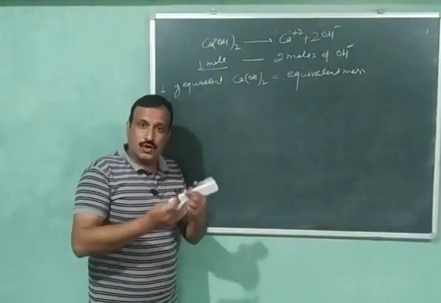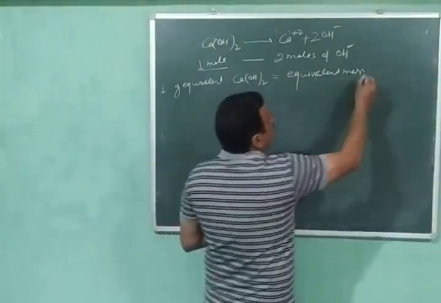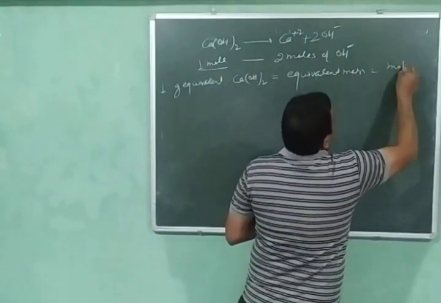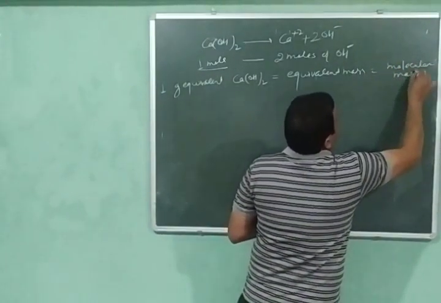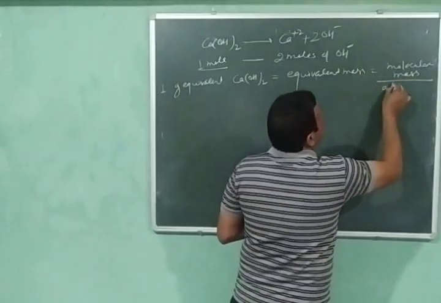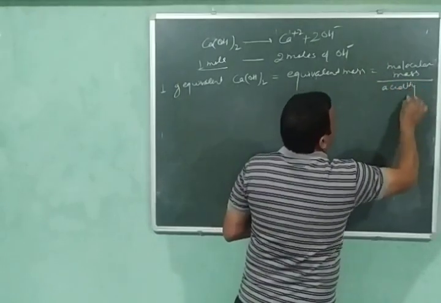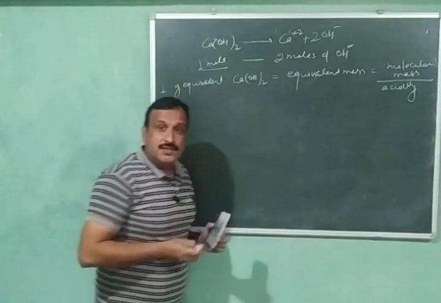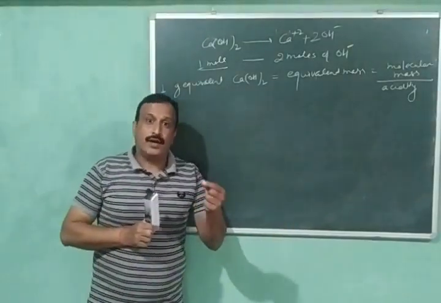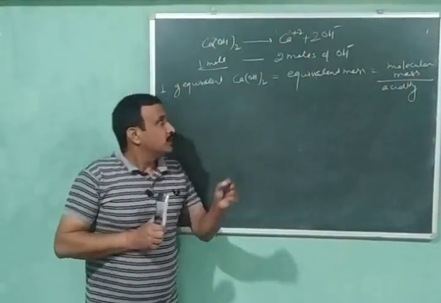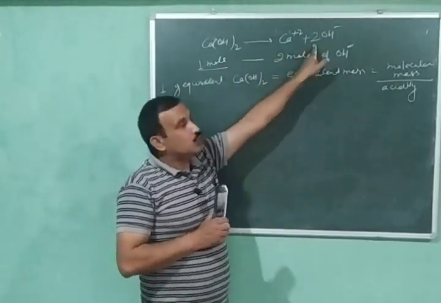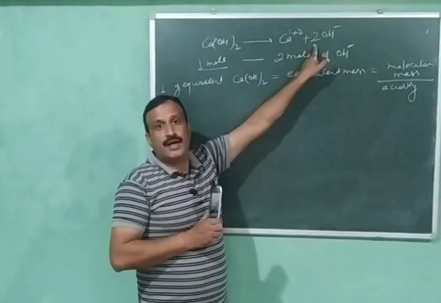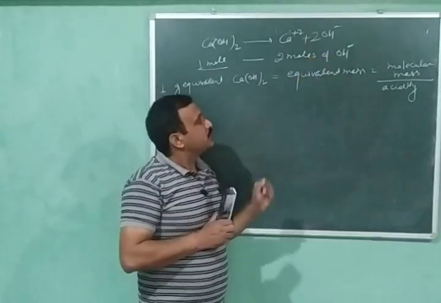And equivalent mass of a base is equal to its molecular mass divided by its acidity. Okay, and what is acidity? Acidity is the number of OH ions donated by the base. So here the acidity of calcium hydroxide is 2 because it is giving us how many OH ions? It is giving us 2 OH ions.